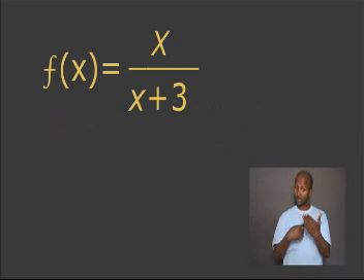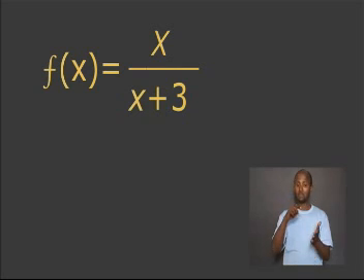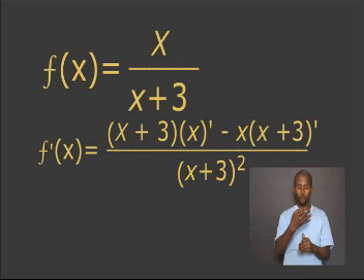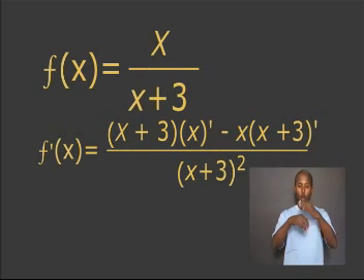Let us apply the quotient rule in an example. We will find the derivative of this function at x equals 1. F prime of x equals the derivative of x over x plus 3, which is x plus 3 minus x times x plus 3 prime, over x plus 3 the whole squared.